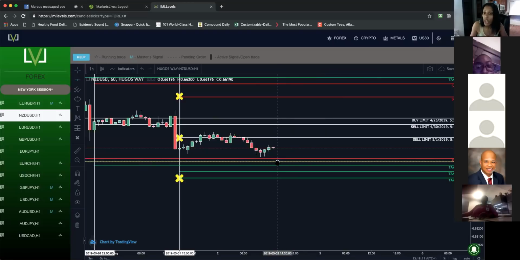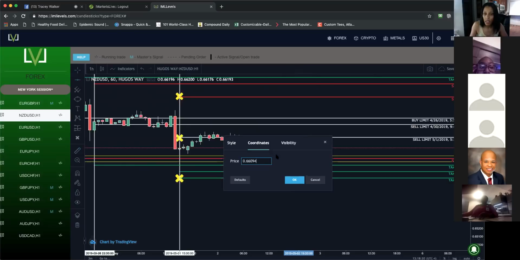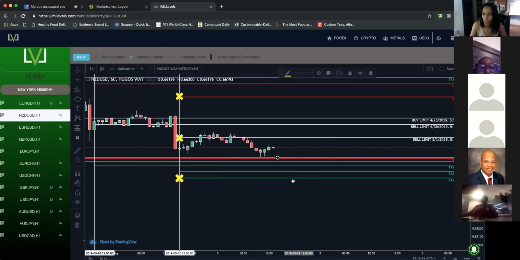Okay. So here's 30 pips right there. Let's put a line at 25 pips so you can see a range. This is where you get to choose your money. Okay. So 25 pips would be right around here. That's 66071.